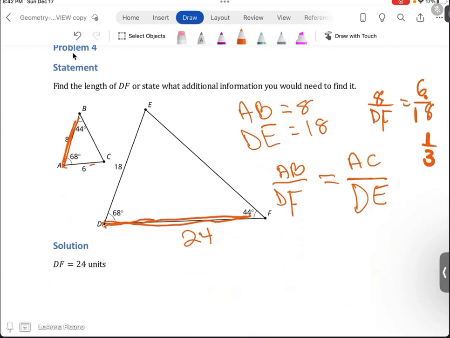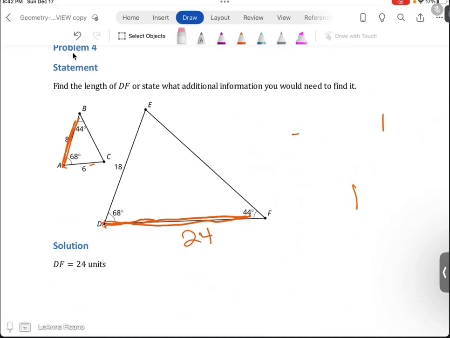Okay. And there are other ways you could have written the proportion. As long as you're showing a proportional relationship, you could have done 8 over 6, and this corresponds with this line, so it's going to be 18.